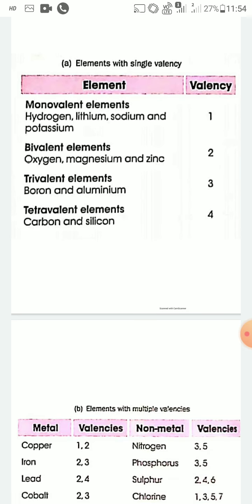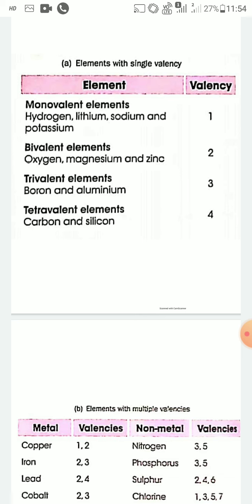These elements show only one valency. For example, monovalent elements, where valency is 1: hydrogen, lithium, sodium, potassium. The valency of these elements is always 1.